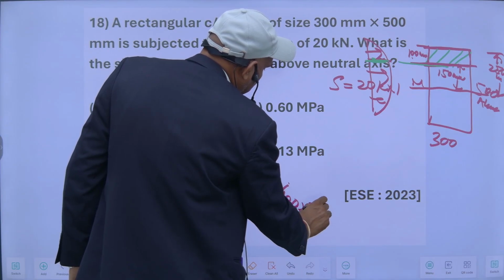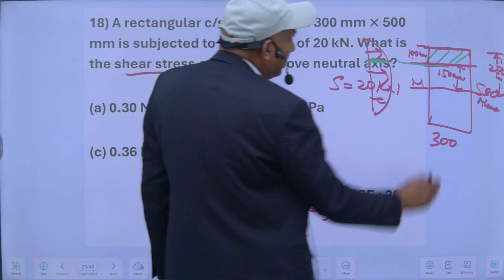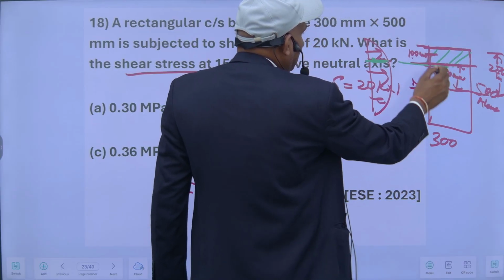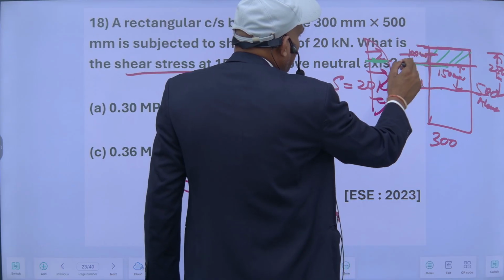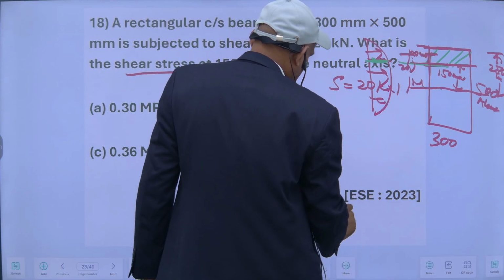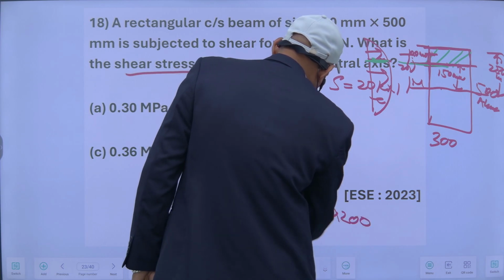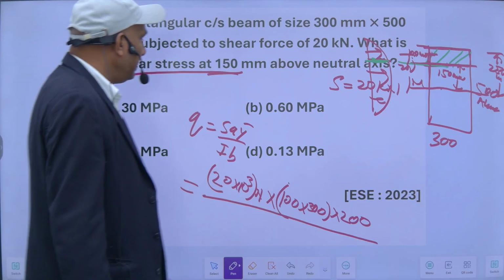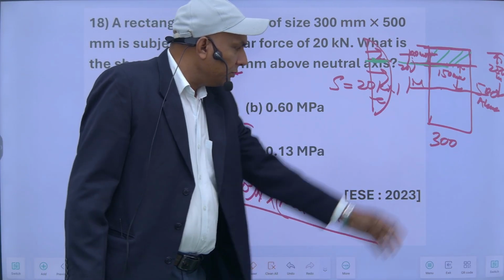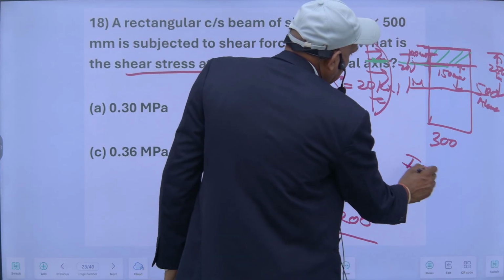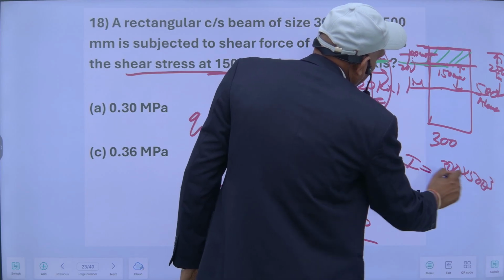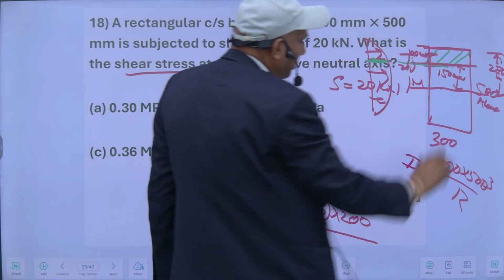Into the distance from its centroid to the neutral axis. This is 150 plus half of this, which will be 200, upon the moment of inertia. Moment of inertia will be b d cube upon 12, the moment of inertia of the whole beam.